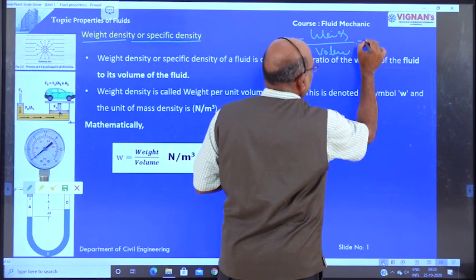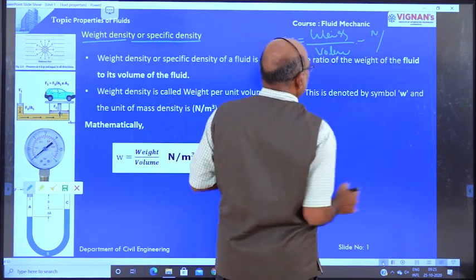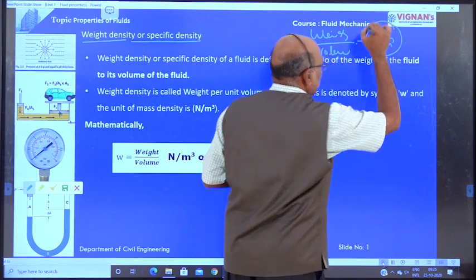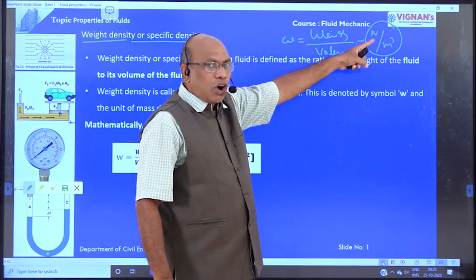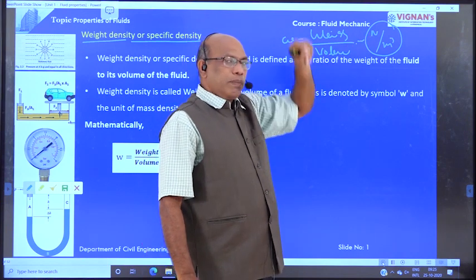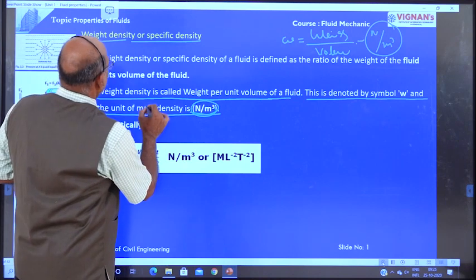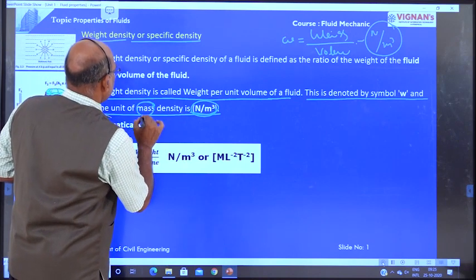Therefore, with weight units in the SI system being newtons, divided by volume units in the SI system, meter cube, the units of weight density or specific weight are newton per meter cube. Not mass density, this is weight density.